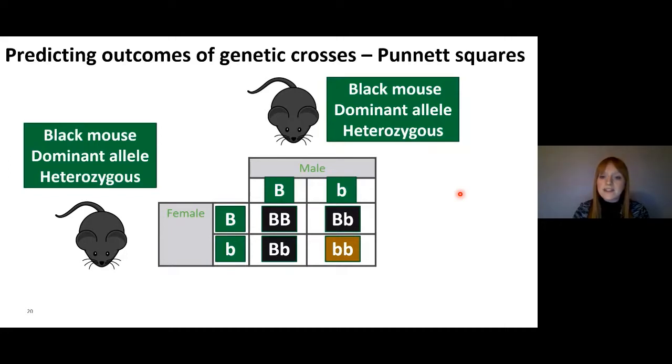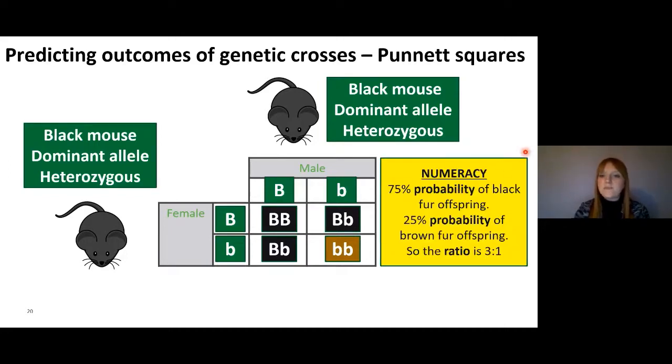So in this case, there's a 75% probability of black fur and a 25% probability of brown fur, okay? Because remember, we've got 4 squares. Each of these squares is worth 25%, so 25, 50, 75% black, 25% probability of inheriting the recessive allele.